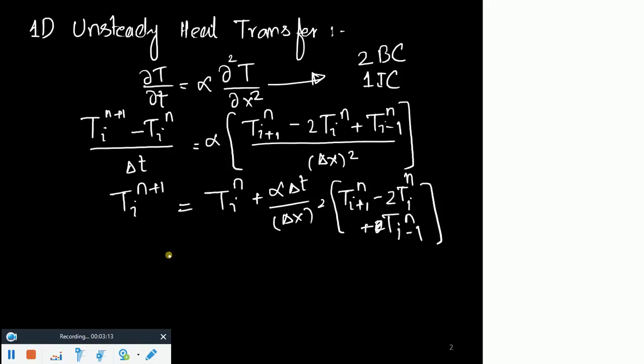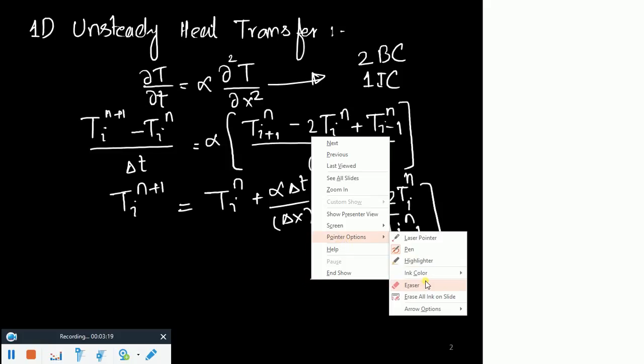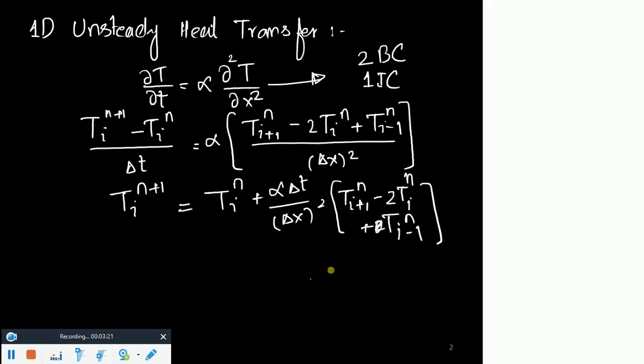So let's take that example of a rod. Can you see that? Okay, that color can be seen.